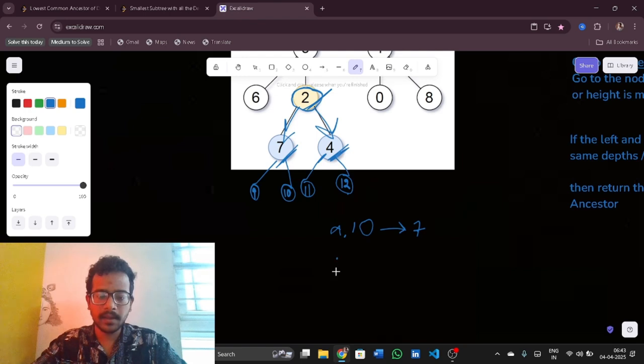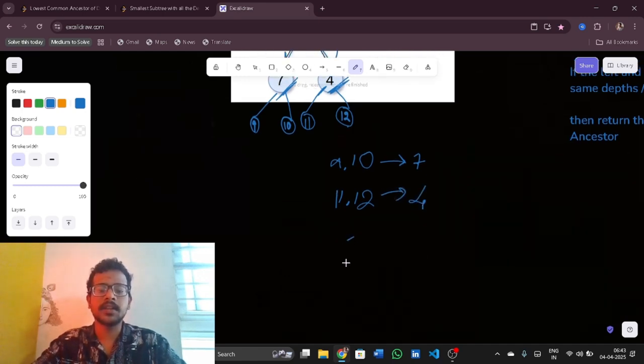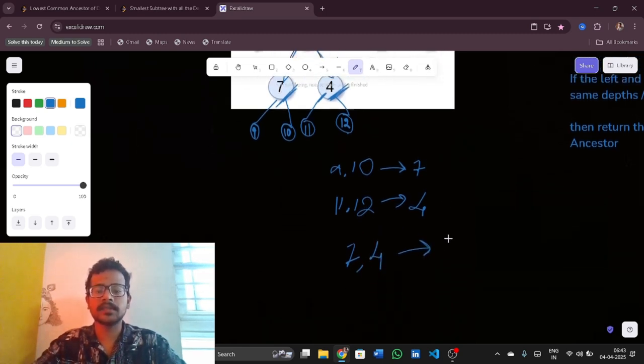Now, 11 and 12 have 4 as an ancestor. Now comes the question: what do 7 and 4 have in common? 7 and 4 have 2 as the ancestor node.